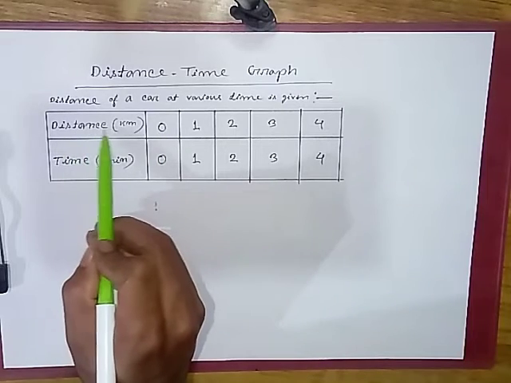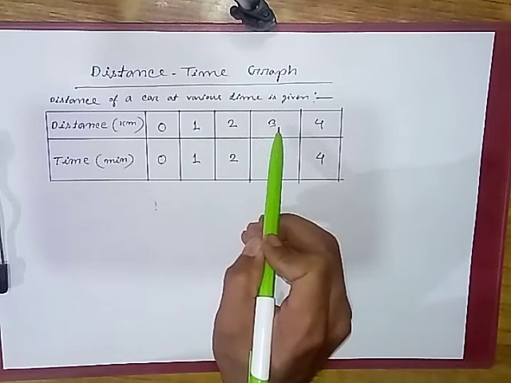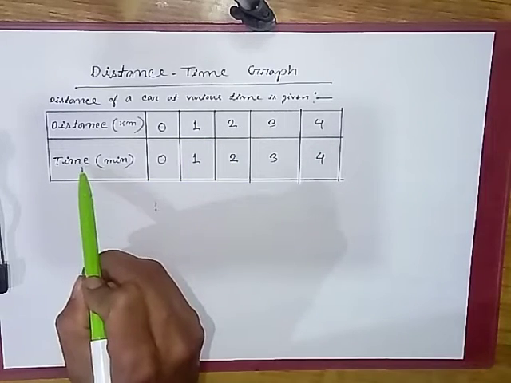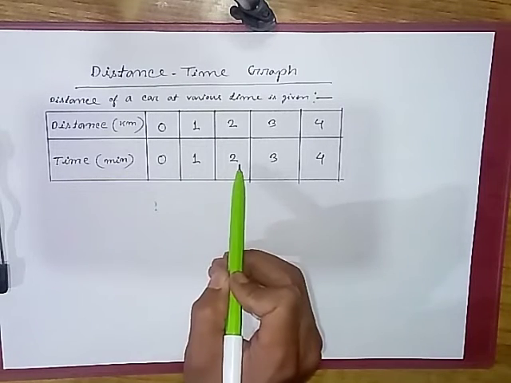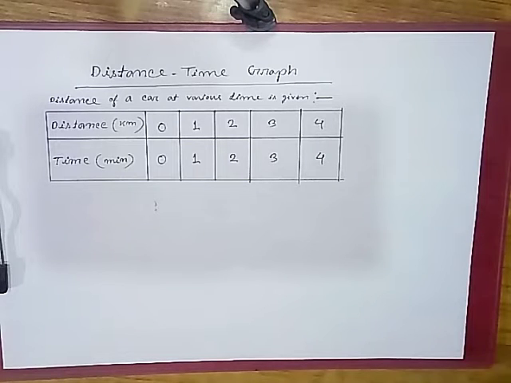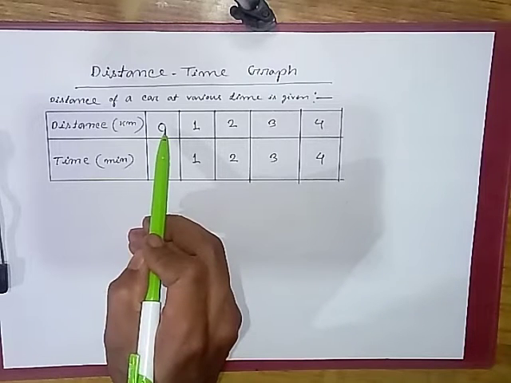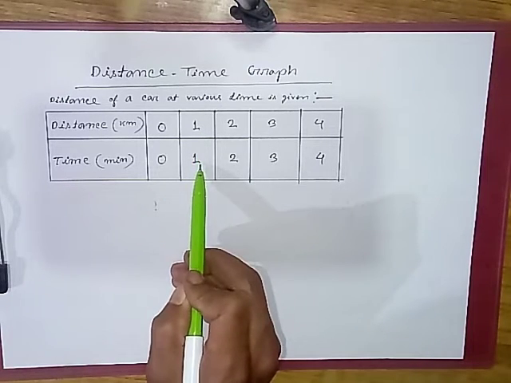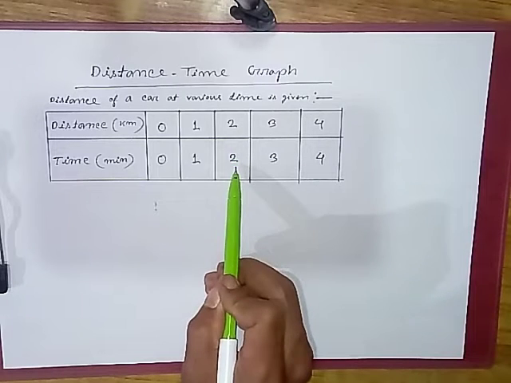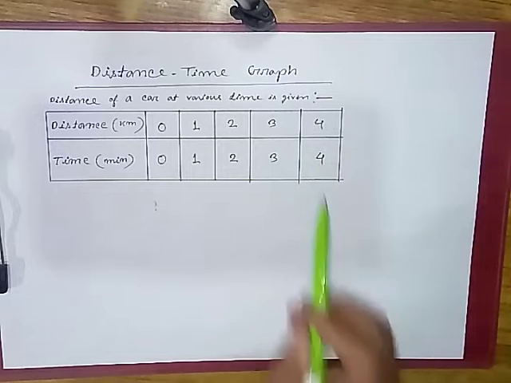Distances are given in kilometer, 0 kilometer, 1 kilometer, 2 kilometer, 3 kilometer, etc. And time is given in minutes, that means 0 minute, 1 minute, 2 minute, 3 minute, like that. Now the car travels 0 kilometer distance in 0 minute, 1 kilometer in 1 minute, 2 kilometer in 2 minutes, 3 kilometer in 3 minutes, so like this.